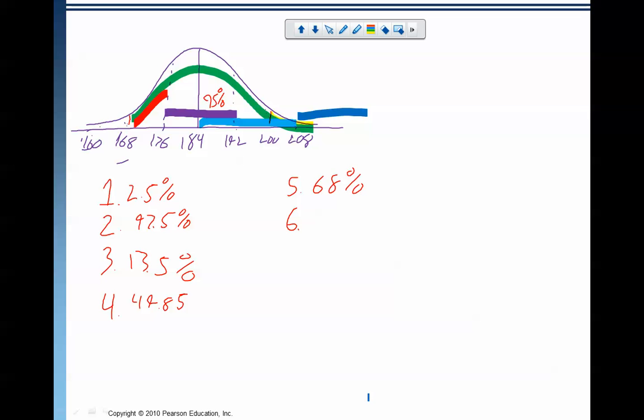Because I found it when I did this one beforehand. So over 208, we already know that that's 0.15%. Yes. Yeah. 49.85 should be it, because it's the full 50% minus just the 0.15 that is past this, because that's past 3 standard deviations. Okay, gotcha. Questions, comments, concerns?